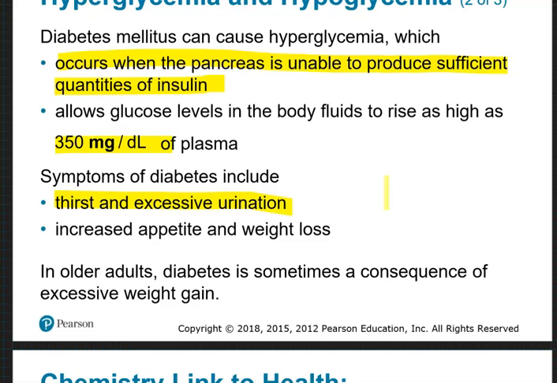Now, you may find it counterintuitive that people have increased appetite and weight loss. Well, not in type 2 diabetes usually, because it's associated mostly with obesity as well, okay? But if you think about it, your cells cannot take glucose out of the bloodstream. Am I making sense?